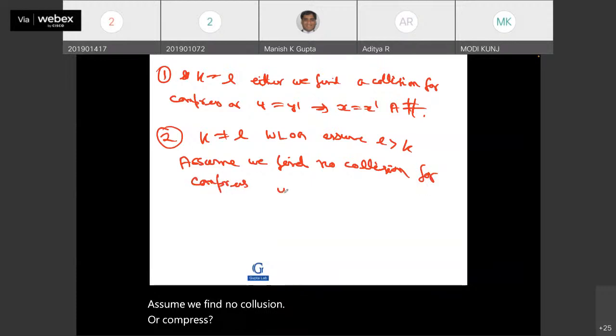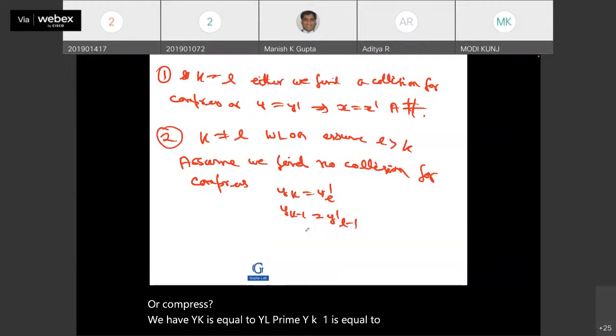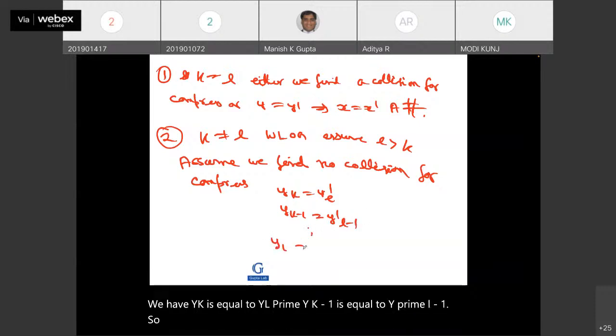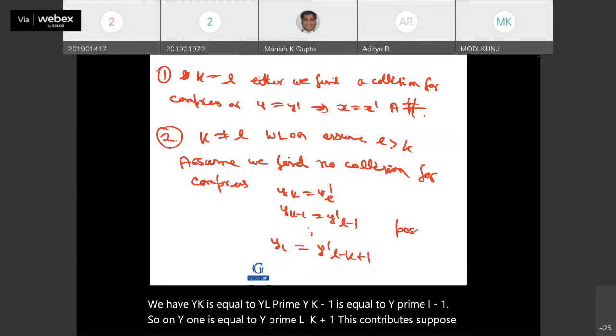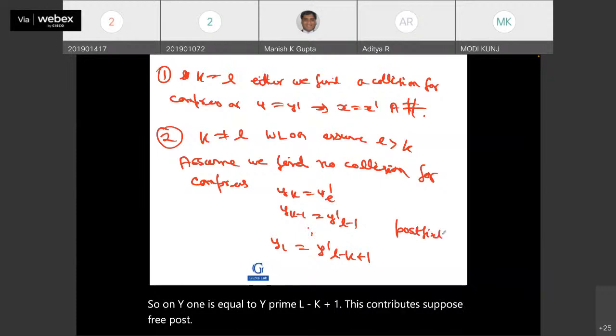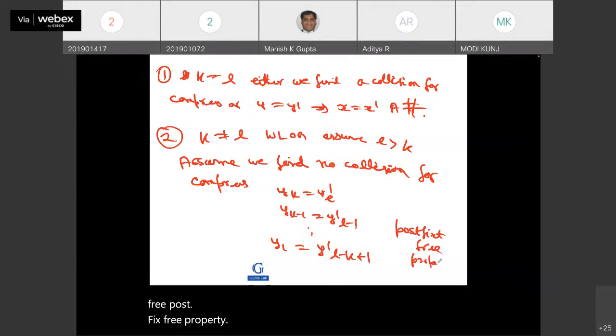We have yk is equal to y prime l, y(k-1) is equal to y prime (l-1), and so on, y1 is equal to y prime (l-k+1). This contradicts the postfix free property, right? Because things are same here. This implies that h is collision resistant.